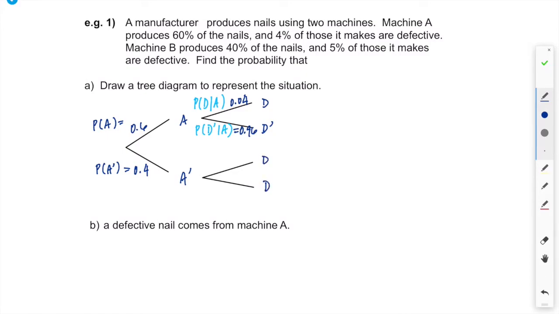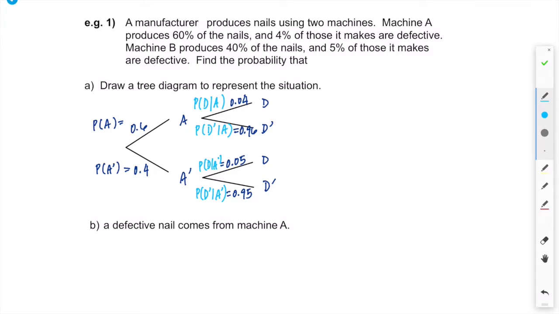And then I also compare defective, non-defective nails here, and 5% from machine B are defective. So let's call this 0.05, 0.95 then. And here I can say this is P of D given A prime and P of D prime given A prime.